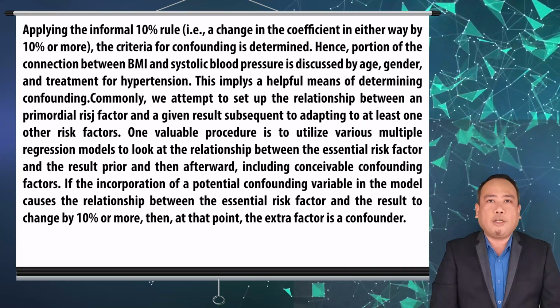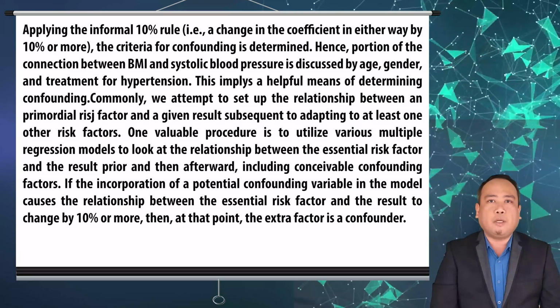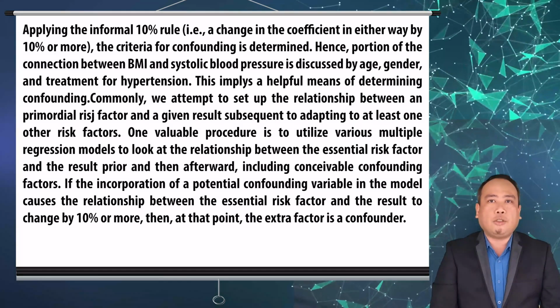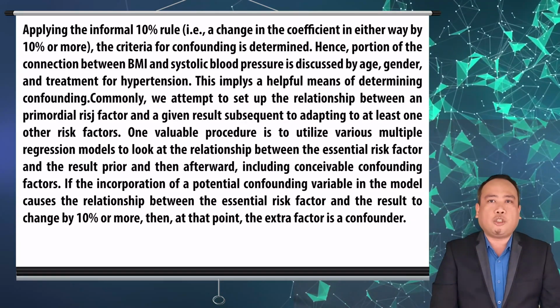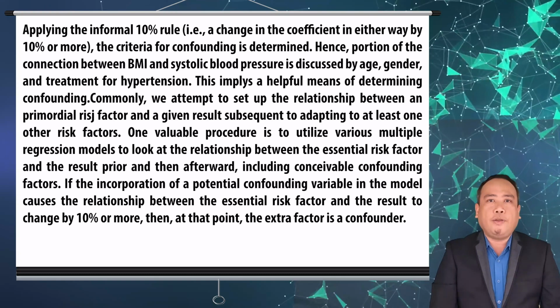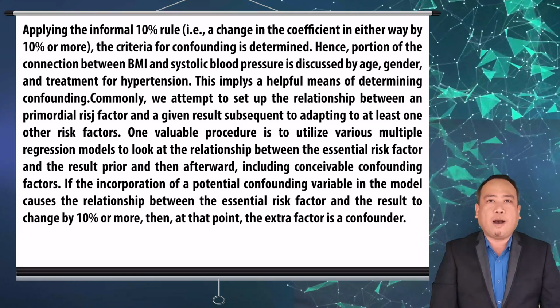If the incorporation of a potential confounding variable in the model causes the relationship between the essential risk factor and the result to change by 10% or more, then the extra factor is a confounder.